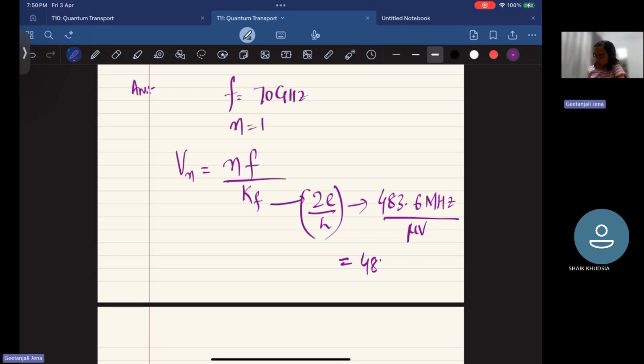That means this is 483.6 into 10 to the 12 hertz per volt.